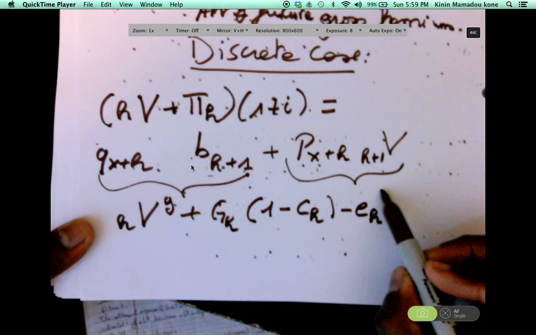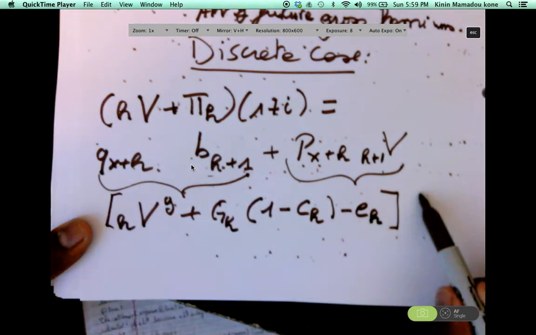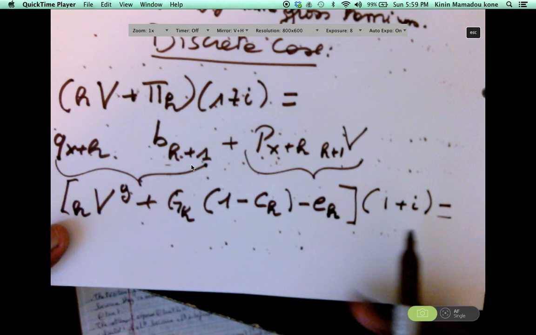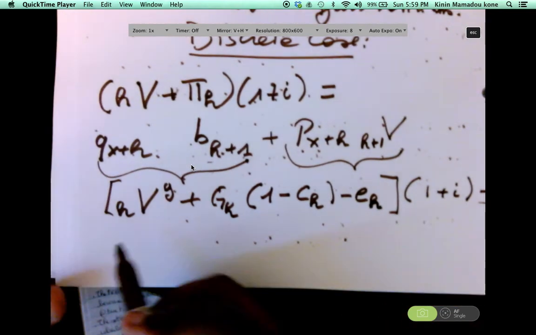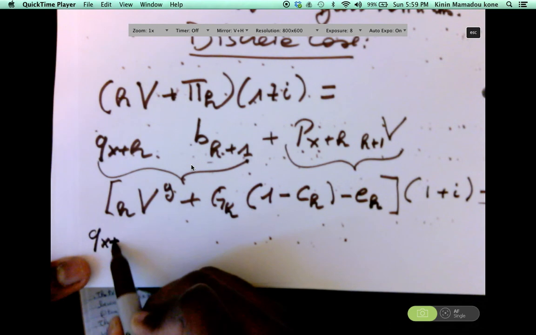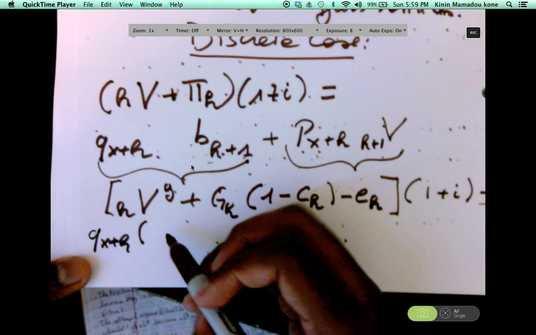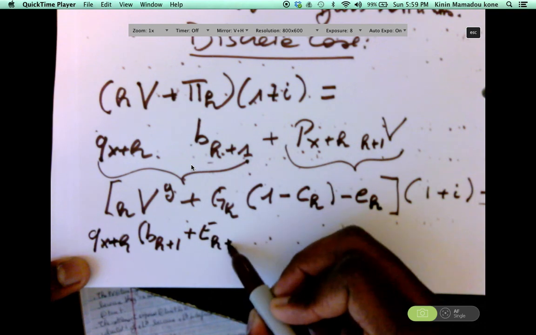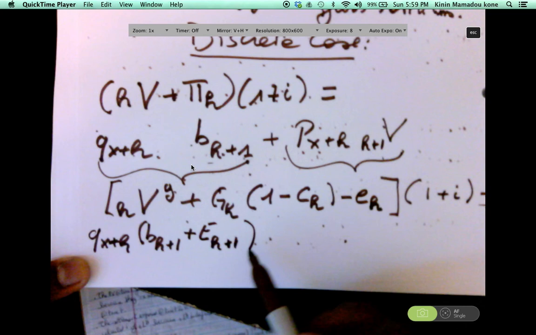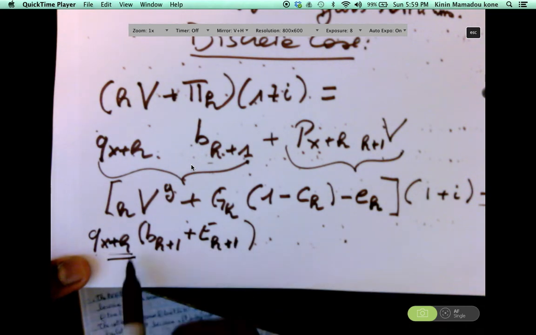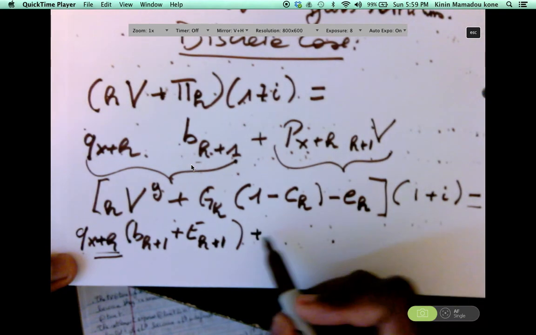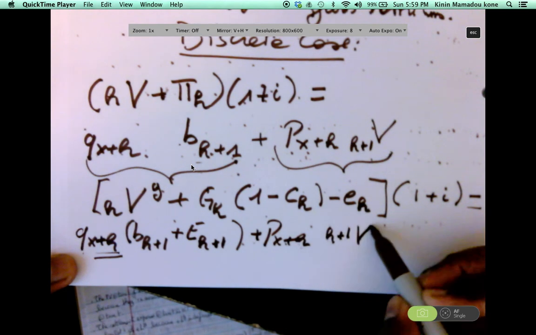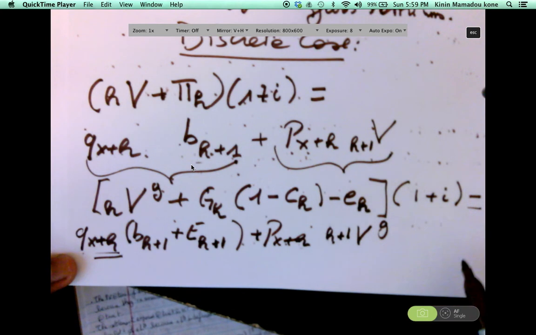You make it grow one year from now at 1 plus i, and that is the same as: you die and you receive a death benefit or a settlement expense, on the condition that you die, or you survive and you have that reserve.